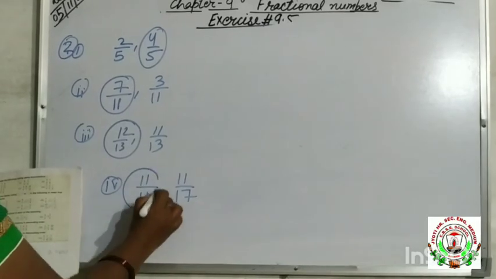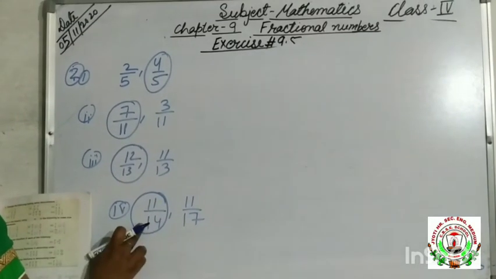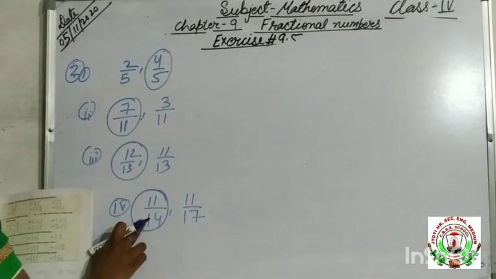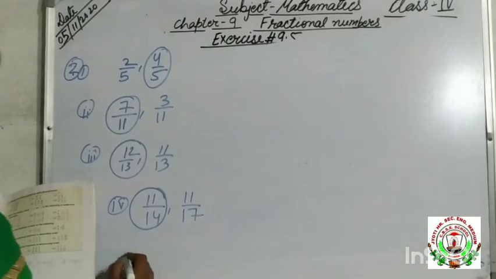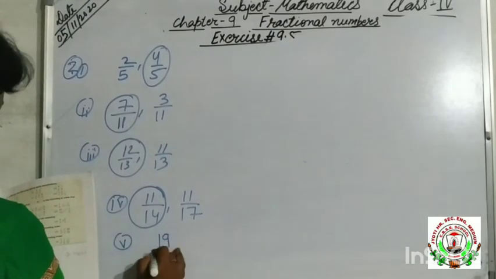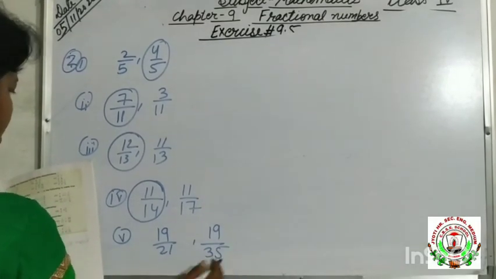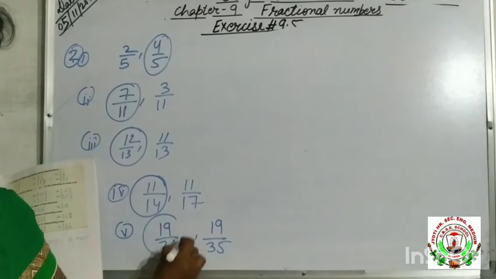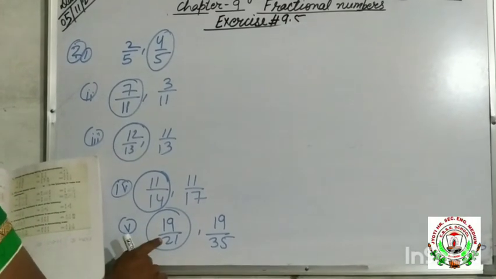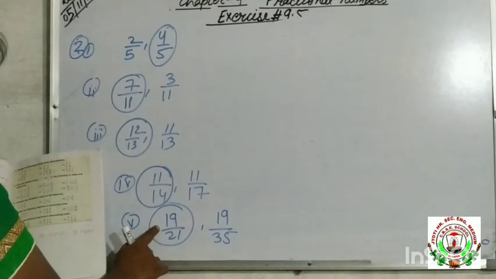So 11 by 14 is greater because this denominator is smaller. Understood? Now next is 5, 19 by 21 and 19 by 35. Again same numerator. So this number is greater. Smaller denominator will be the greater fraction.